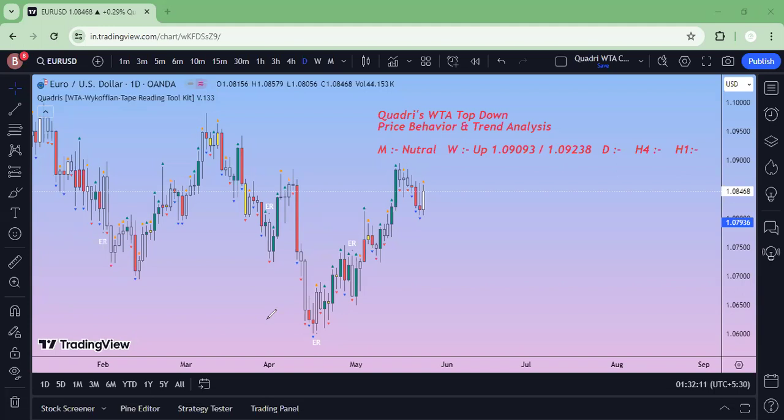Normally, there are many people who use volume or VSA volume or normal volume to analyze if the supply is getting weaker. I use only this tool to assess it.